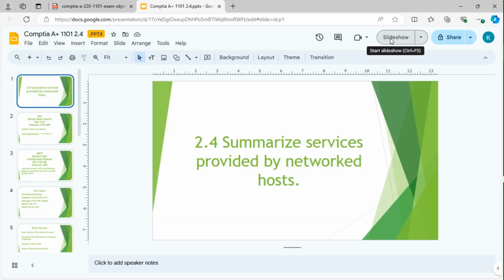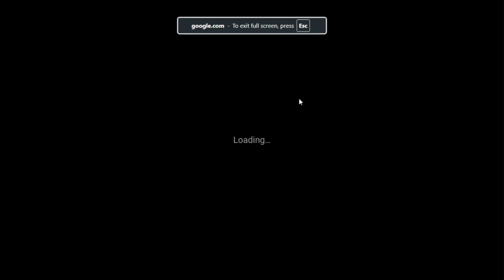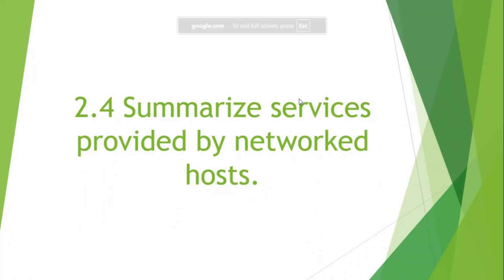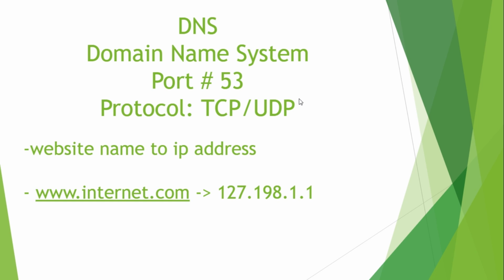So, once again, we are on the networking subject 2.4, summarize services provided by networked hosts. Let's get into the first one: DNS, Domain Name System. Remember, this is port 53. The protocol it uses is TCP/UDP.